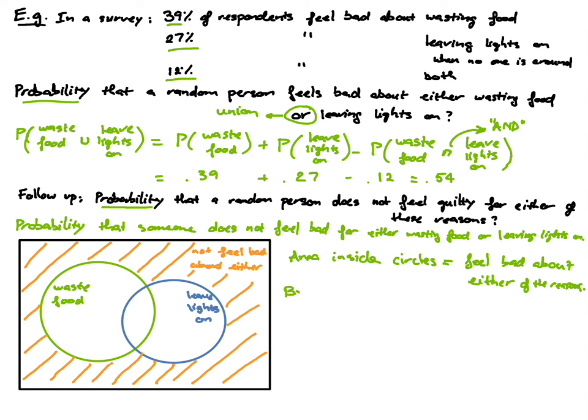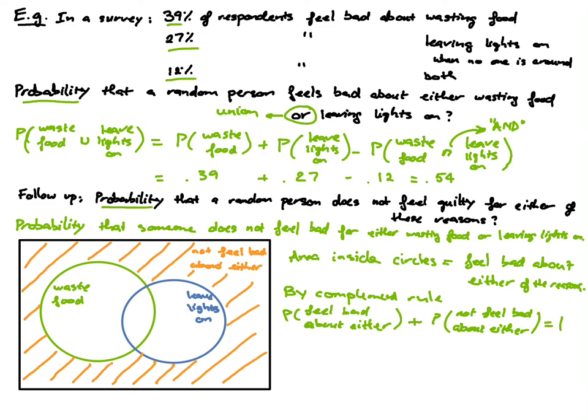And by the complement rule, the probability of feel bad about either plus the probability of not feel bad about either is equal to 1.